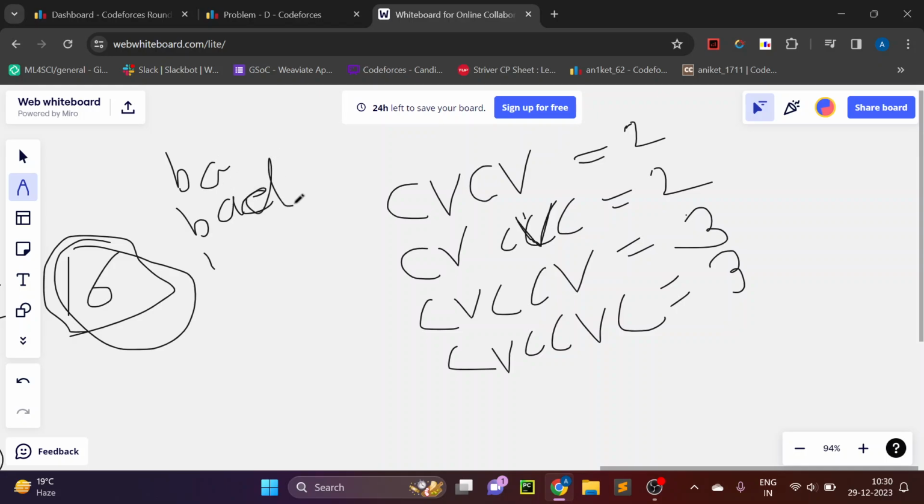So should I add the dot after A, or should I add it after D? Because BA is also a syllable and BAD is also a syllable. Now that can be identified using the consecutive difference logic.